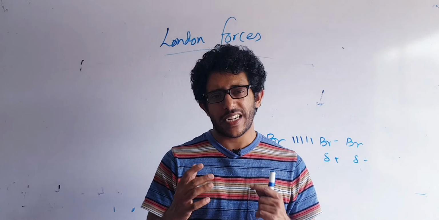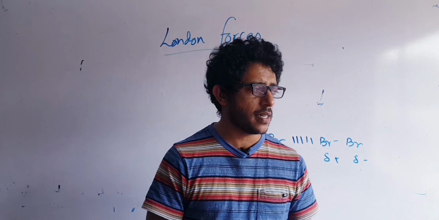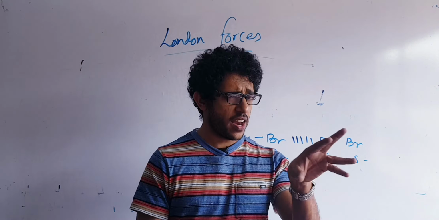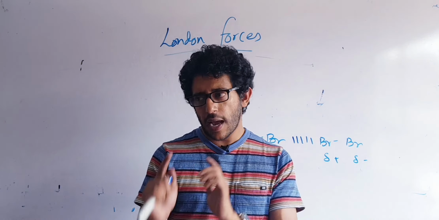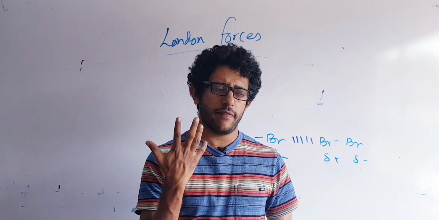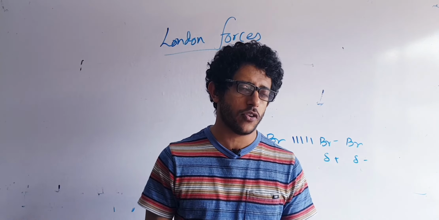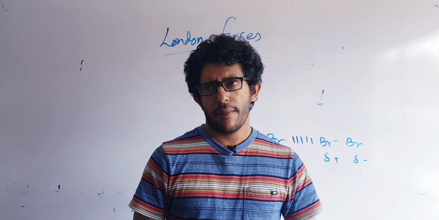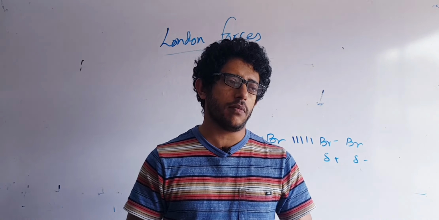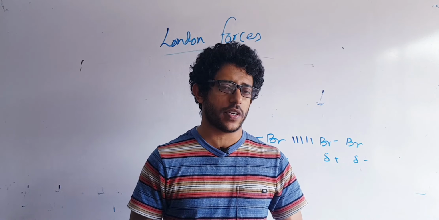So that is the basic idea of London forces, and we use the term instantaneous dipole forces, though we rarely use that one, but we can use the word dispersion forces as well. Sometimes we use the word van der Waals forces, but that is not specifically used for London forces. Instead of London forces, we can use dispersion forces, but more commonly we use the term London forces. So that is the first type of force of attraction.